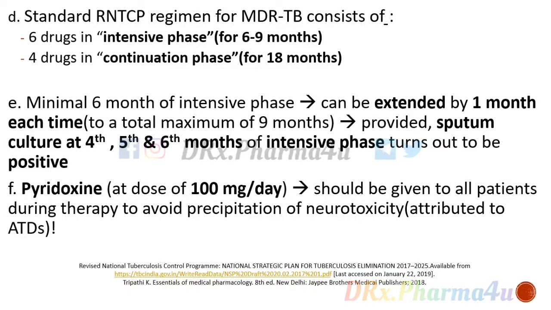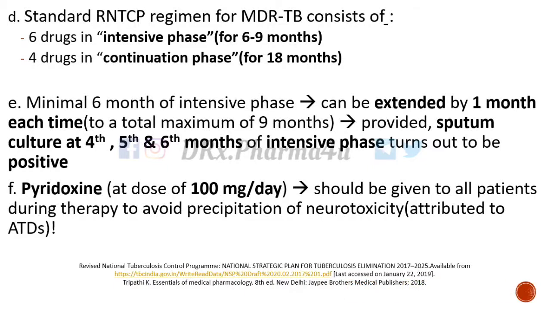So, for example, a person has been diagnosed with multi-drug resistant tuberculosis. What the guideline says is that you should take the sputum culture at the 4th month of the treatment. If the sputum culture is positive at the 4th month, then you should extend the treatment by 1 more month.